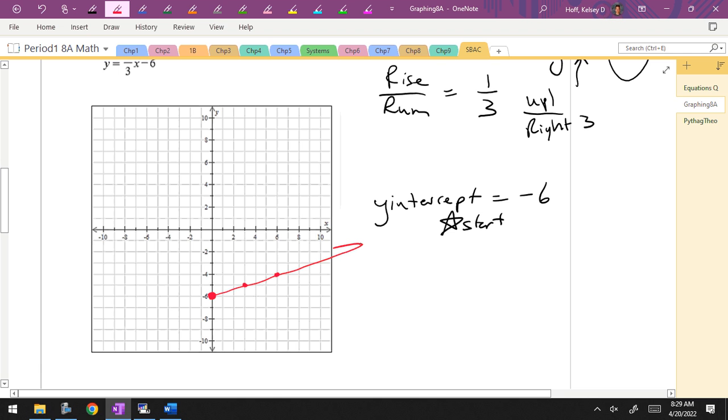It'll draw that for you or whatever the case is. Start with your y-intercept. Up 1, right 3. Up 1, right 3. Okay, good on the front.